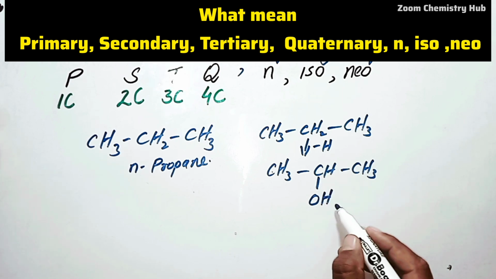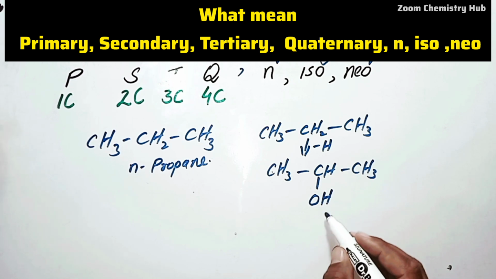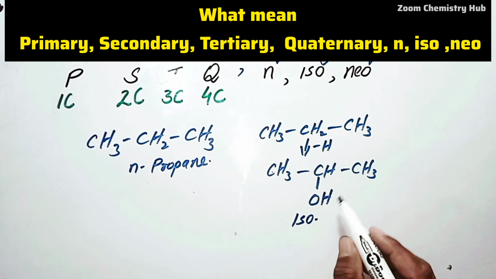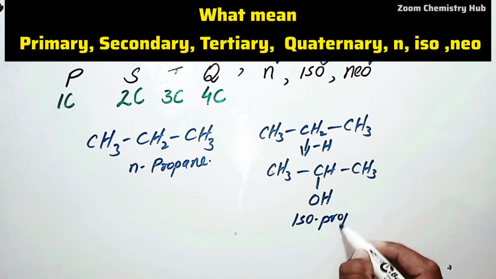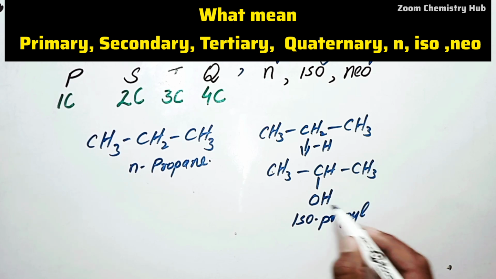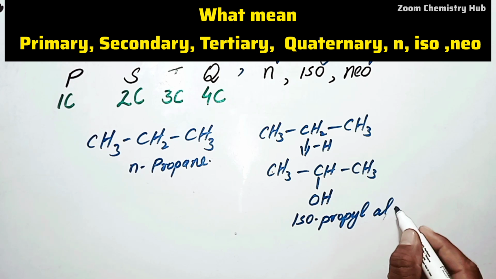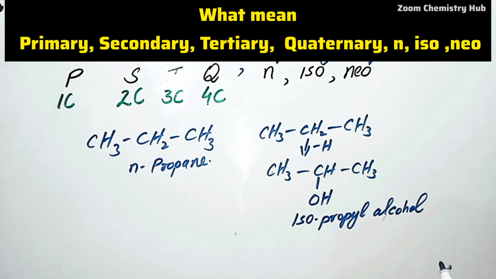And if the functional group, that is the alcohol, is attached, this is called iso, that is 3 carbon propyl and alcohol, isopropyl alcohol. This is isopropyl alcohol.